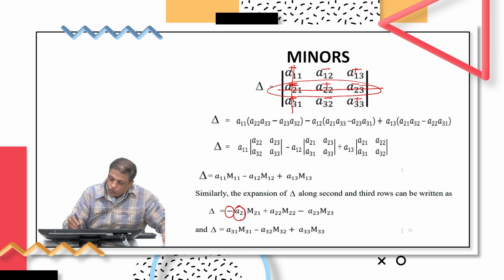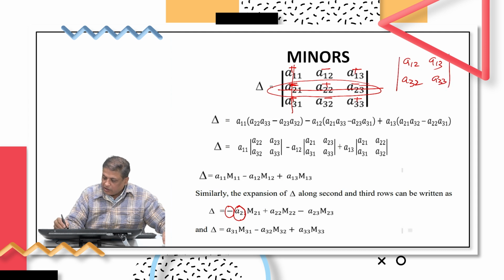After removing A21, what are the elements which are remaining? This is A12, A13, A32, A33. So this is nothing but minor M21. So that means minus A21 into M21 plus A22 into M22 minus A23 into M23 is again the solution of the determinant.